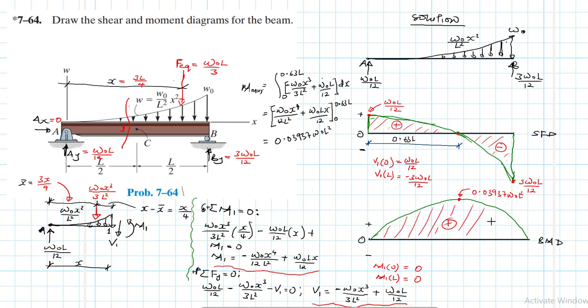I think that is about it. Let me just check through again this 0.63 to the power 4 divided by 12. That's a minus, plus 0.63 divided by 12.